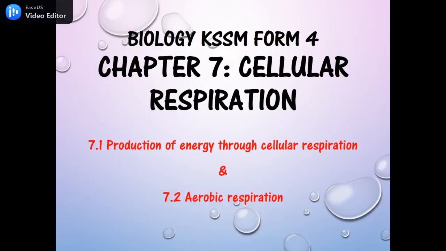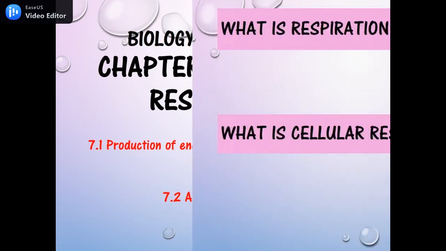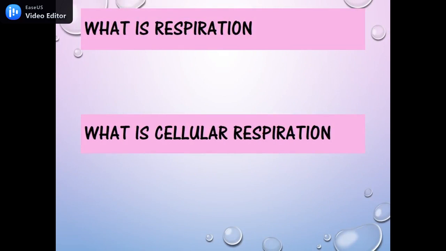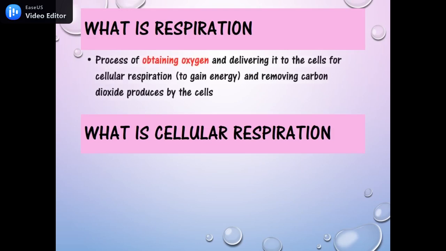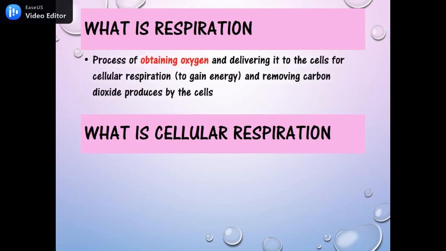Chapter 7, Cellular Respiration. 7.1, Production of Energy through Cellular Respiration, and 7.2, Aerobic Respiration. What is respiration and what is cellular respiration? Respiration is a process of obtaining oxygen and delivering it to the cell for cellular respiration to gain energy, and removing carbon dioxide produced by the cell.